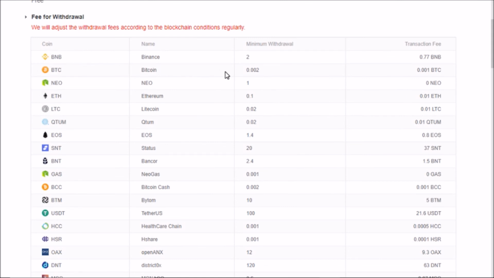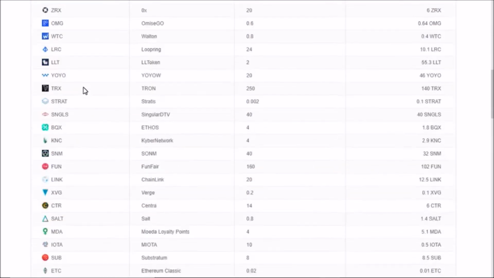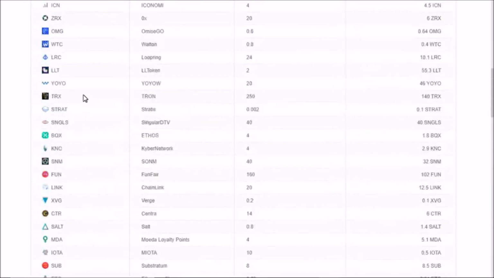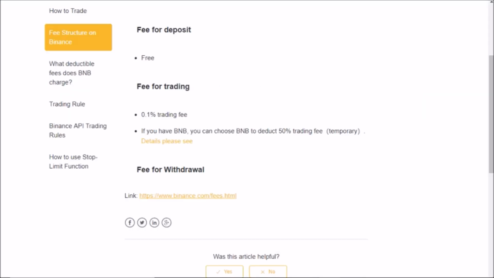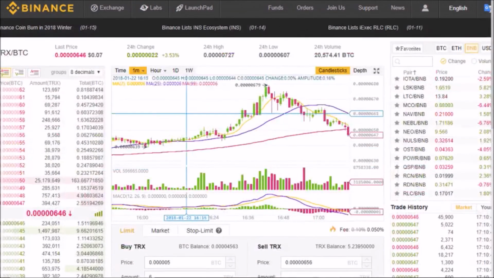So for Binance coin, the minimum withdrawal is 2 coins, and that's how much the transaction fee is going to be. For Bitcoin, the minimum is 0.002, and that's how much they're going to charge you in Bitcoin. And so on and so forth. So if you ever have a question how much they're going to charge you when you're withdrawing these coins, that's how you do it.